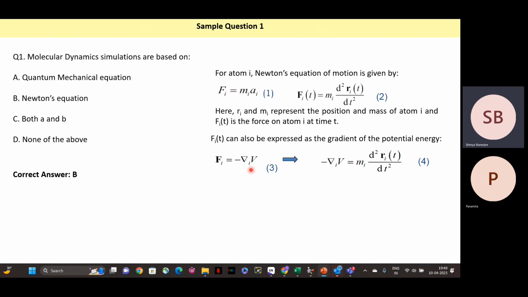So combining equations 2 and 3, you can write that the negative gradient of potential energy is mass into the double derivative of position r at time t. Using this, you can find out the position and momentum of each of the particles i at a time t. So these are the Newton's equations of motion that are used for the molecular dynamics simulation. And so the correct answer is B.